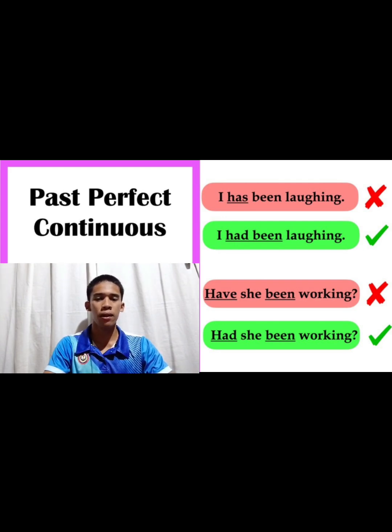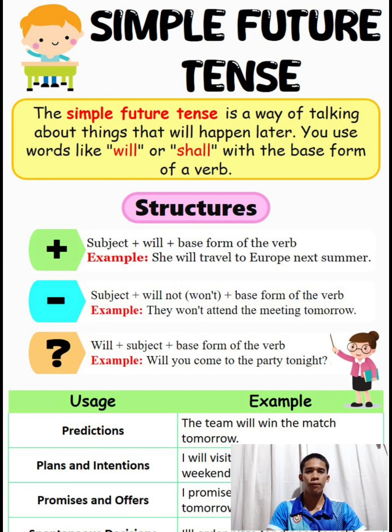And the third example is, we had been traveling for days when we ran out of food. So, those are the examples of the past perfect continuous tense. So, let's move on to the future simple tense.